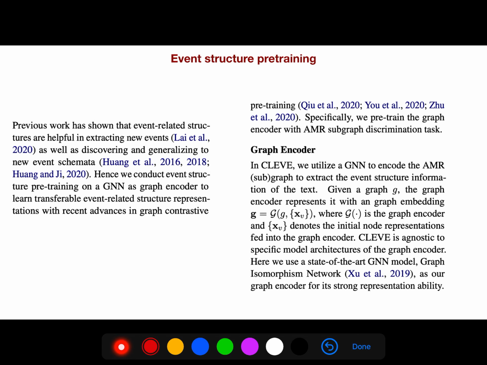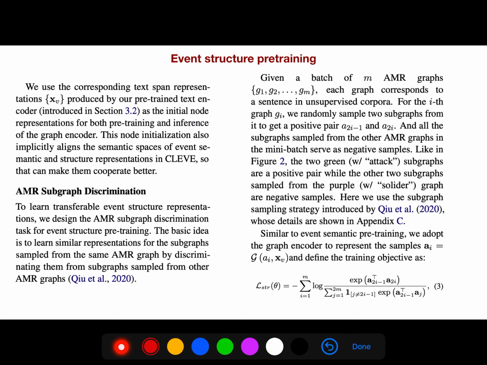In CLEVE, we utilize a GNN to encode the AMR subgraph to extract the event structure information of the text. Given a graph, the graph encoder represents it with a graph embedding. So CLEVE is agnostic to specific model architectures of the graph encoder. And they used this graph isomorphism network for their graph neural network for the graph encoder.